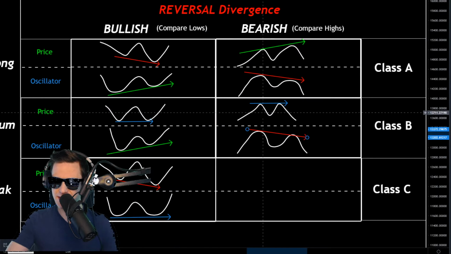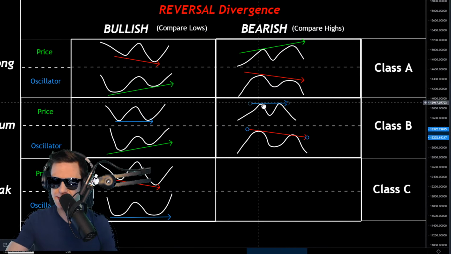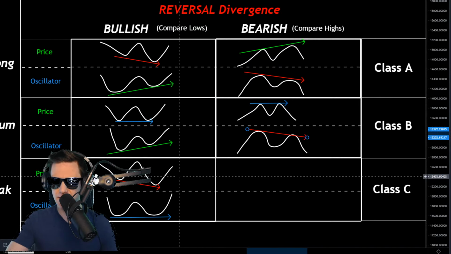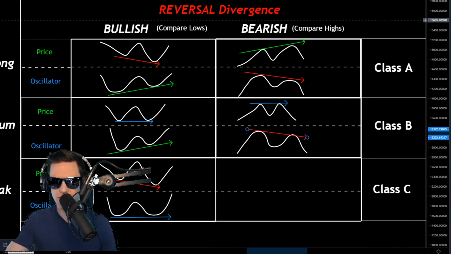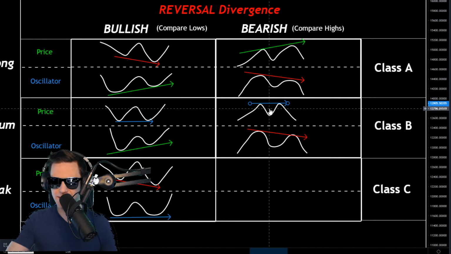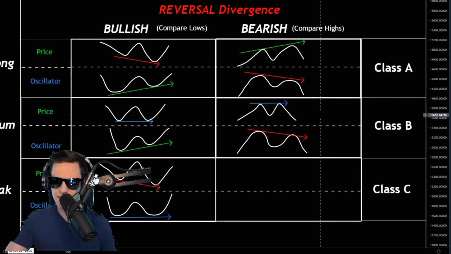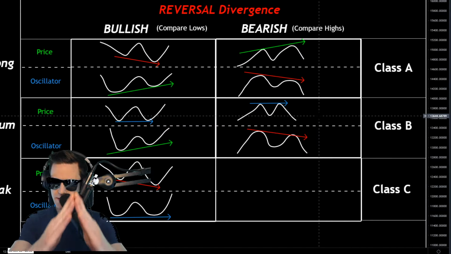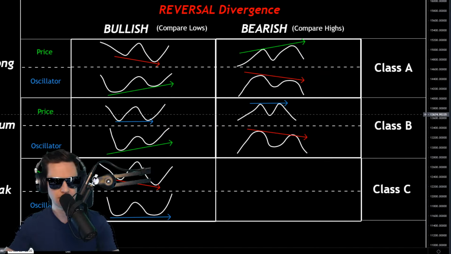But I think it's easier to organize in your mind to think about it as a double top, because it differentiates between the three classes of divergence. So it could be a double top, but it could also mean that the second high is actually just a sharp move up and down, making a V. Okay, I don't know if that helps.